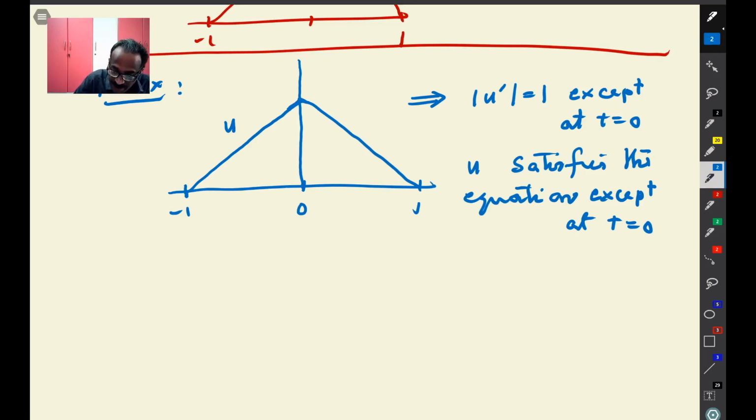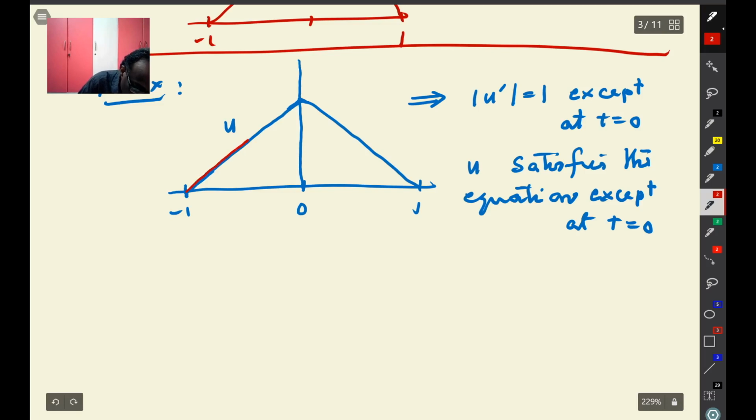In fact, if I relax a little more, if I go like this up to half and 1 like this is my u, and then if I do this way, and suppose this is my v, then modulus of v prime is also equal to 1 except at 3 points.